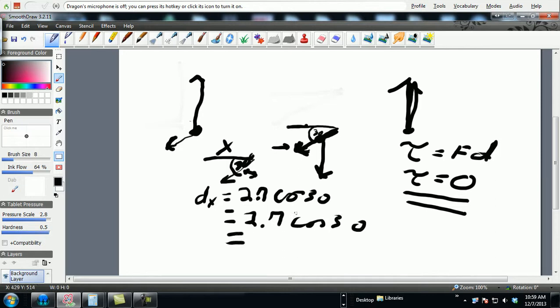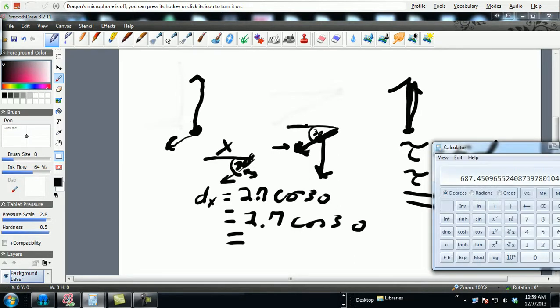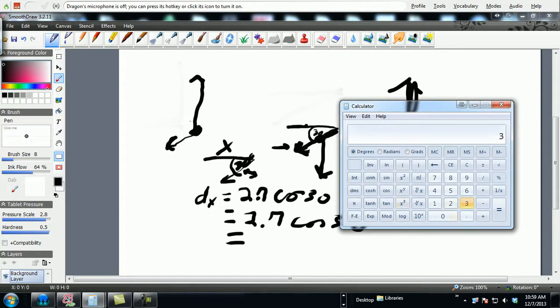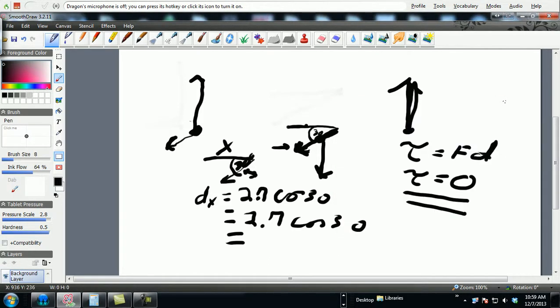Let's get the handy dandy calculator. We put in 30 first, hit the cosine, times 2.7. That gives us 2.34. We know that distance is now 2.34.